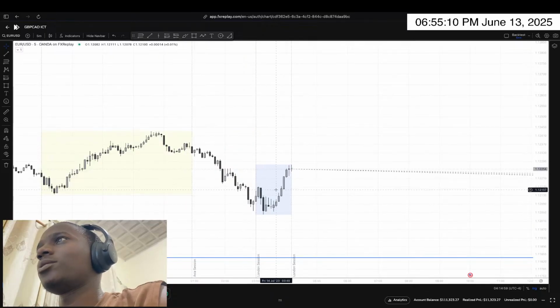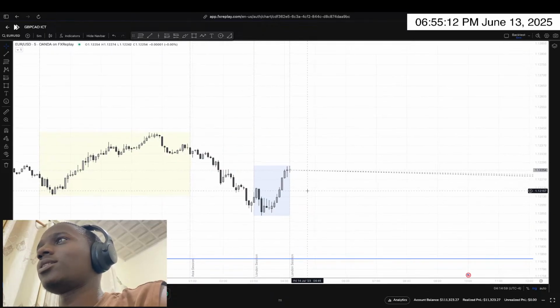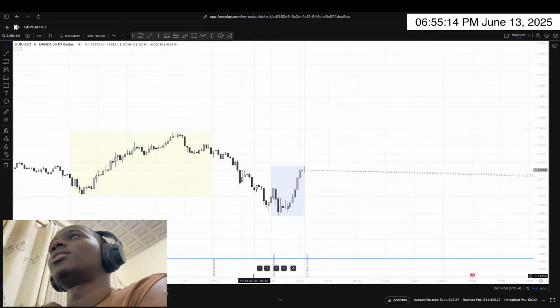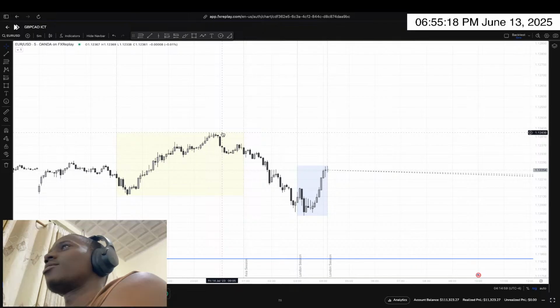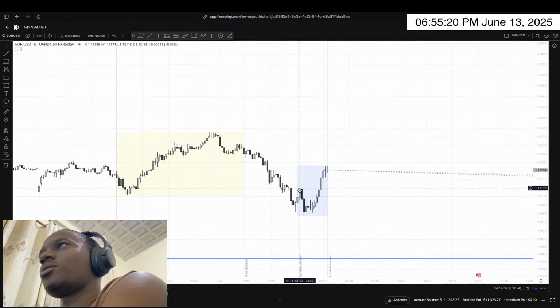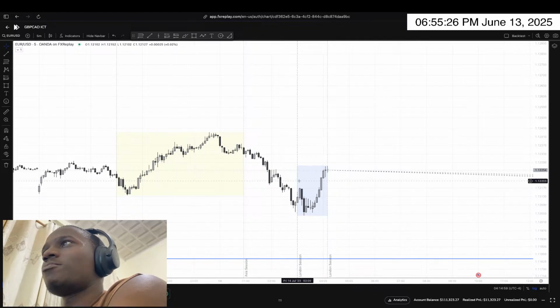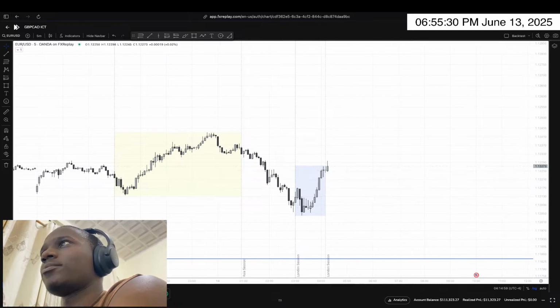You can see it pushed higher, which means we might have a manipulation move to the upside, taking out these Asian lows. And as you can see, we shifted structure, so a retracement into this gap can be respected, considering that we also have a breaker right here.